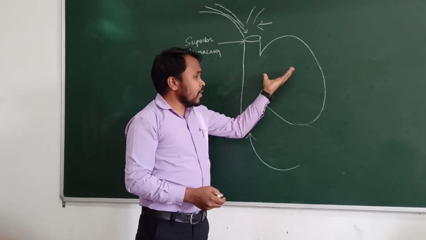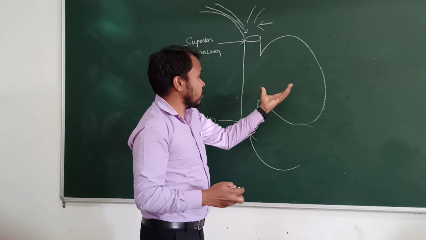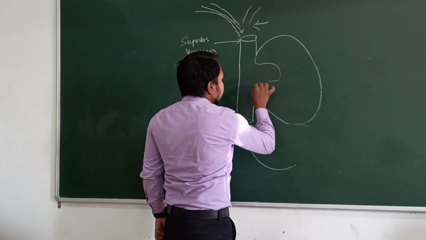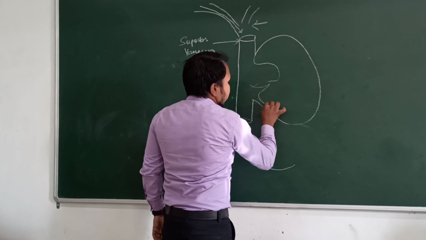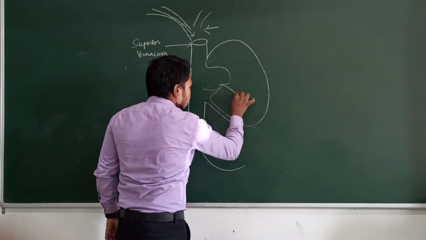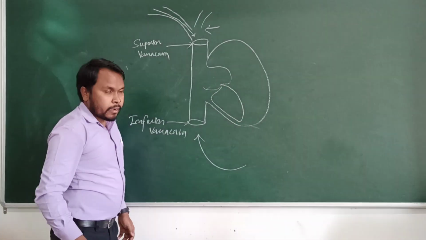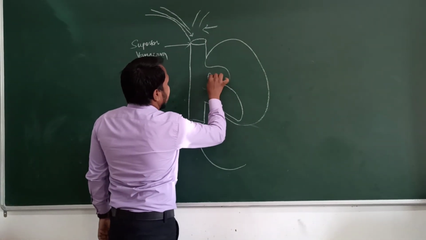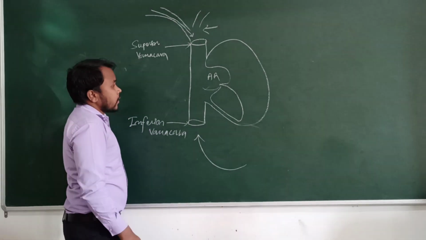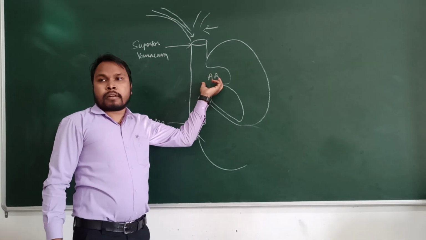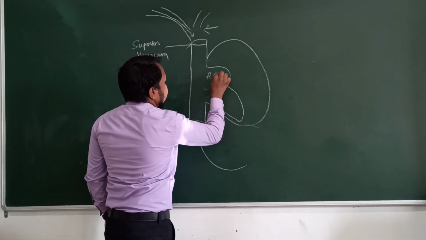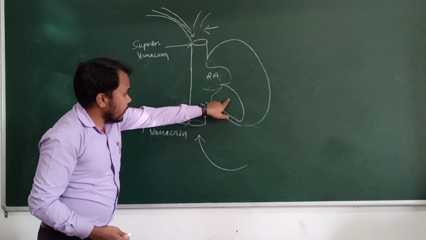So what are actually the four chambers? These four chambers are, first, this is auricle. It is present on the right side of the body. That's why we can say this is right auricle. Now this is right auricle, and here is a special chamber.